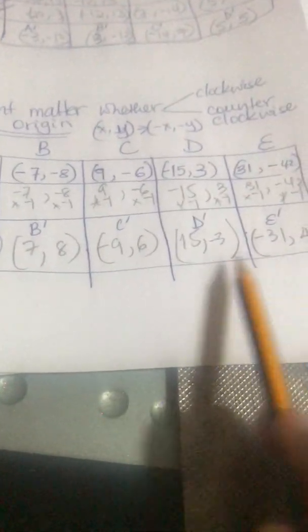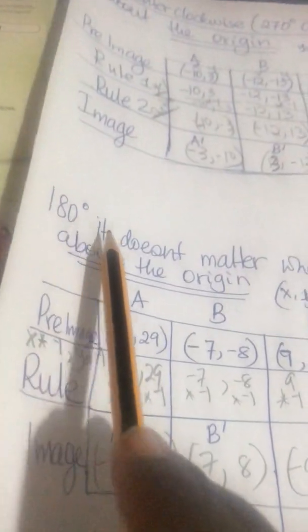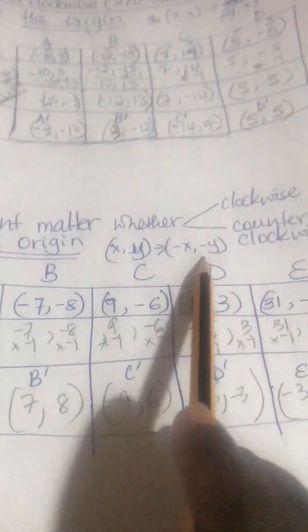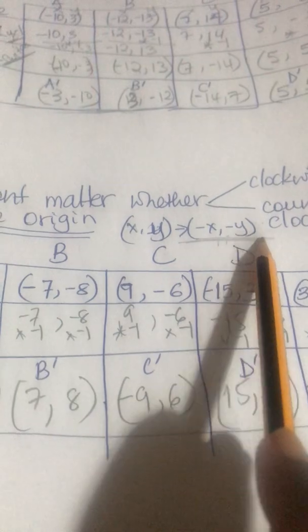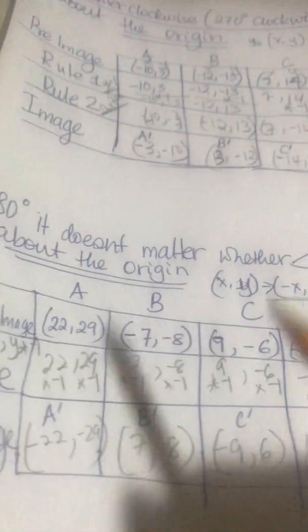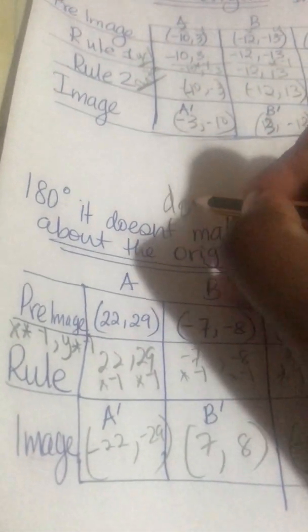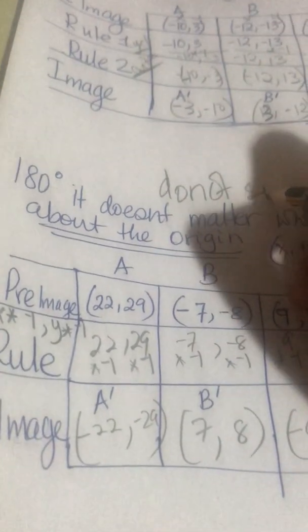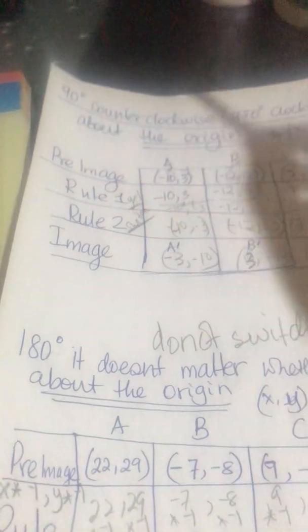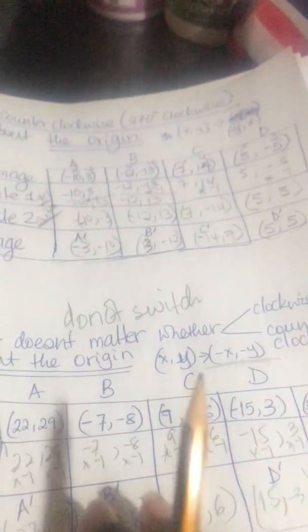And that is your answer. I told you, 180, it doesn't matter. The rule is multiply both with -1. Do not switch for 180. You only switch for 90 and 270. That's the only time you switch.